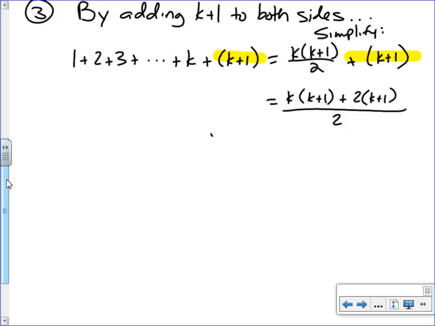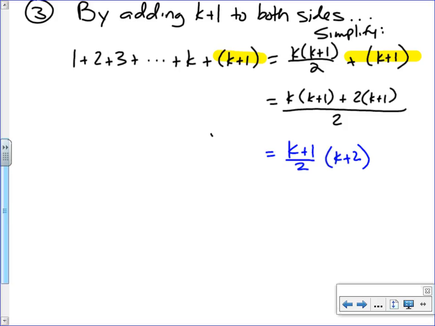This is equal to k plus 1 over 2 times k plus 2, because the GCF is k plus 1 over 2.